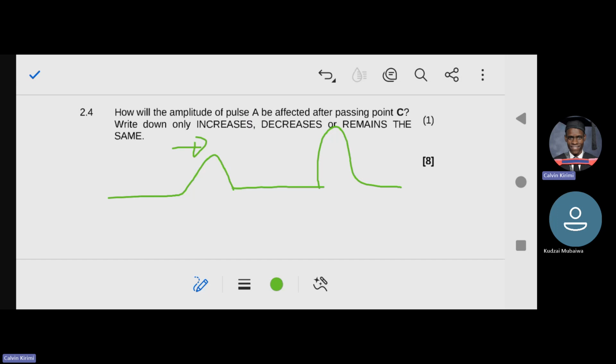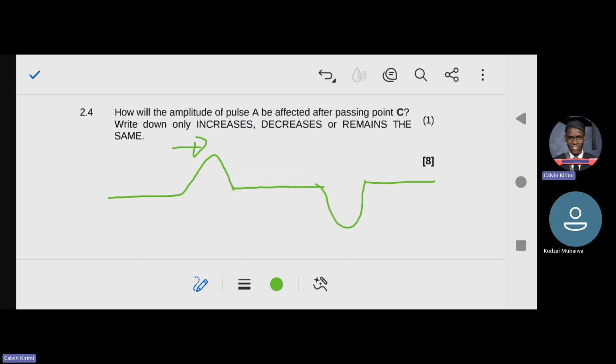You must also know which direction they are moving. If the other pulse is moving in the same direction, it is constructive, and the pulses are in the same phase, which means they are moving at the top. If they are out of phase, remember there was in phase and out of phase, it's below, like that pulse which we are having.